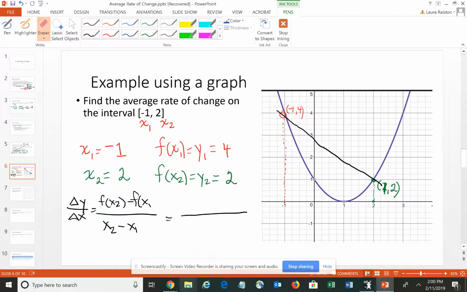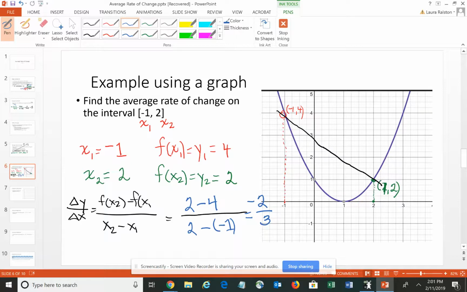Okay, my f sub 2 is 2. I have 2 minus 4, and then I have 2 minus a -1. So 2 minus 4 is a -2. 2 minus a -1 is 2 plus 1, or 3.